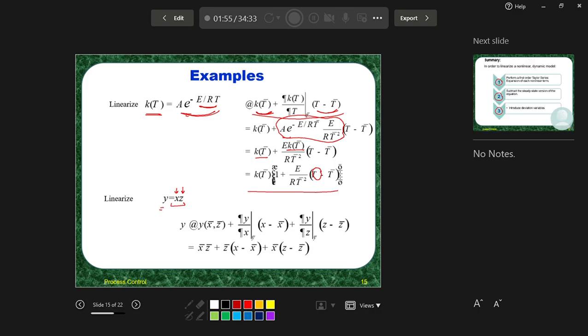So y is its steady state value, which in this case will be x bar z bar, plus the derivative of y with respect to x at steady state, which is z bar, times the perturbation in x. Then this is added to the differentiation of y with respect to z, which is x bar, times the perturbation in z. And this is the linear form of the equation y equals xz.